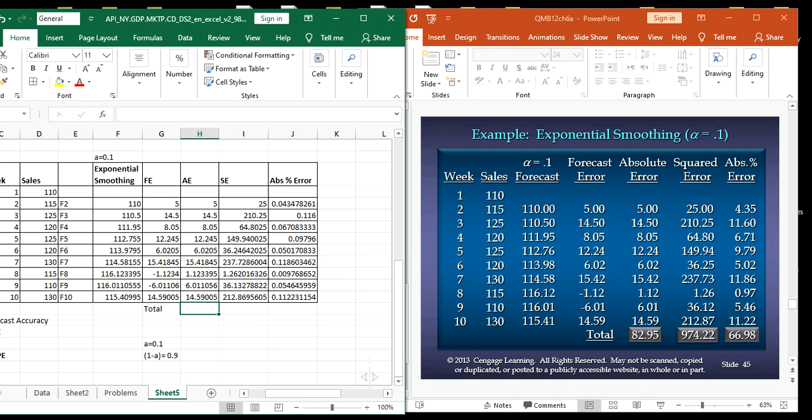Now let me remove this one. The sum is 82.95, 974.22, and 0.6698, because this is a percentage.